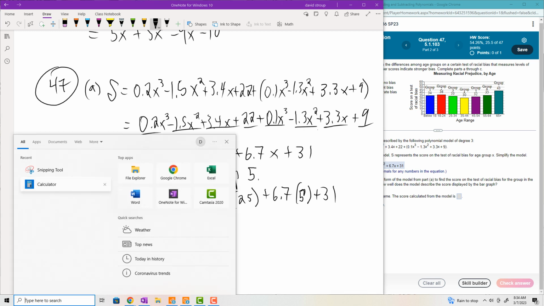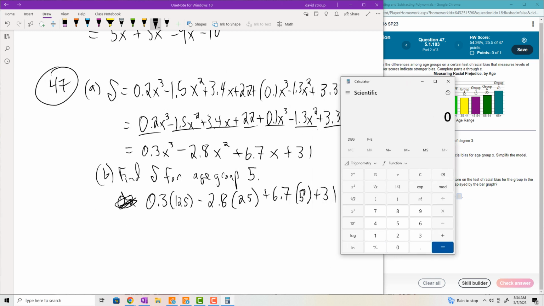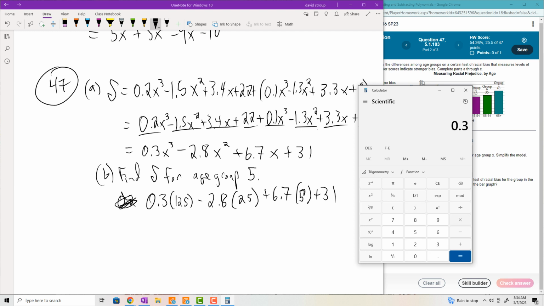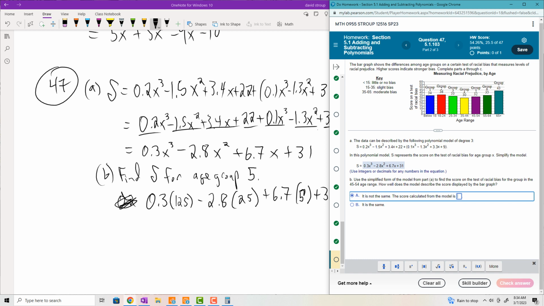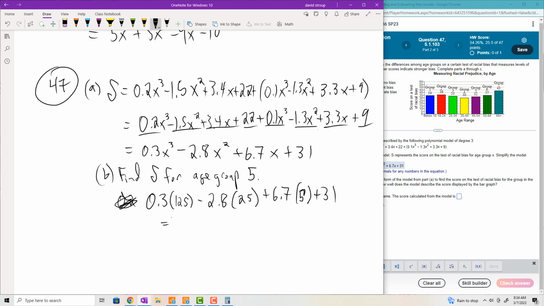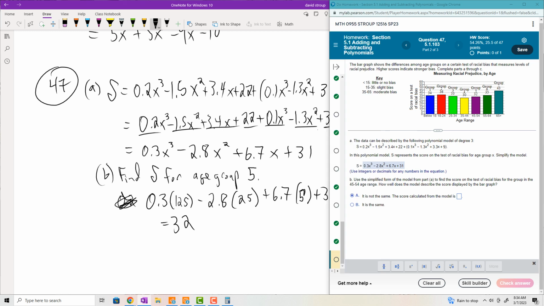And I need some sort of calculator mechanism. 0.3 times 125 minus 2.8 times 25 plus 6.7 times 5 plus 31, and it looks like it's 32. Oh, they want you to compare that to the actual value. So if you look at the chart for group 5, it's 32 as well. So they are the same.